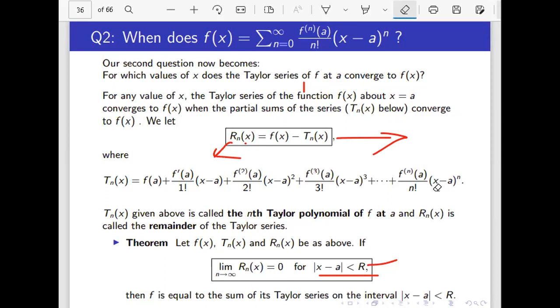We have finite resources. If you had infinite capacity memory, then you could do this infinite sum. But we can't, so we have to truncate this infinite sum at a certain place, right?